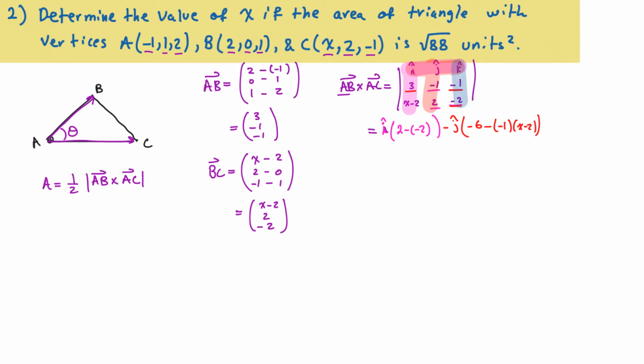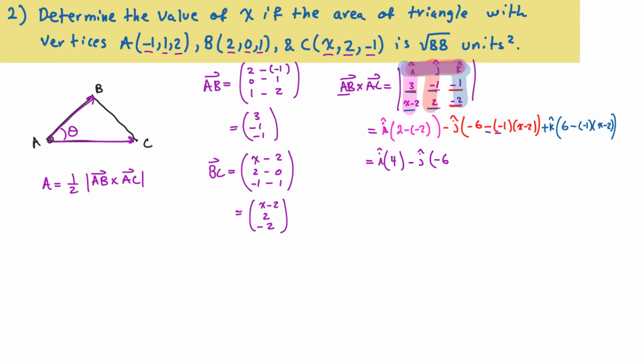For the final component, I'm going to cover up these two, and I will end up getting plus k, and I'm going to multiply these two together to get 6 minus, and multiply these two to get negative 1 times x minus 2. Now I have to simplify a little bit. For the I component, 2 minus negative 2 is 2 plus 2, so that's 4. For the j component, I'm going to have negative j, and I'm going to have negative 6.